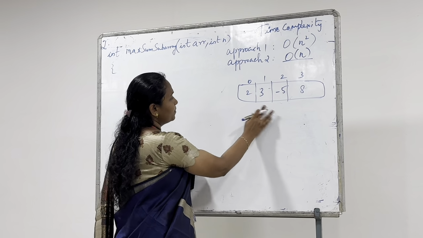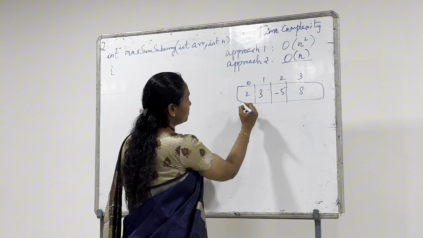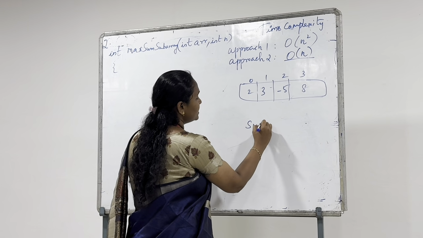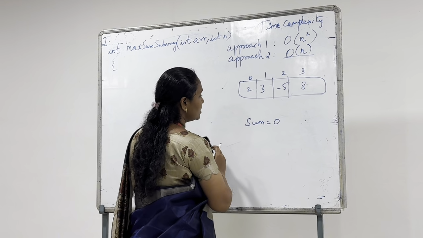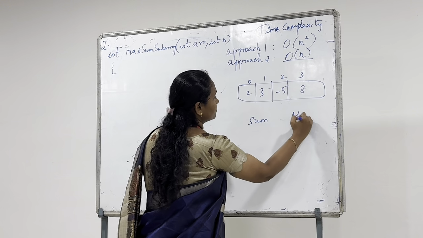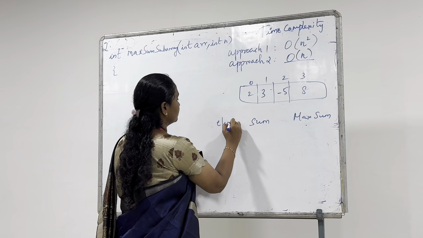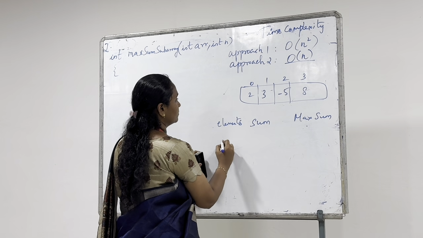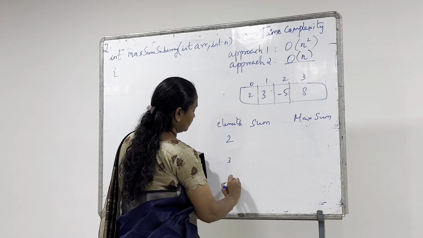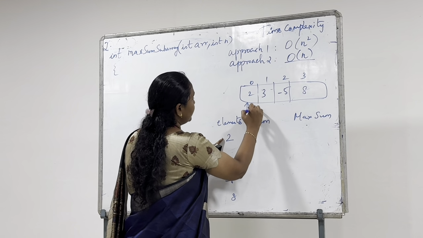Take this subarray and use the Kadane algorithm. Now compute the sum. Sum is initialized to 0. Now i is here.